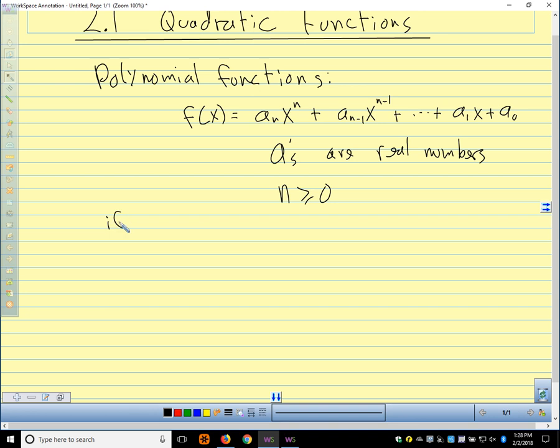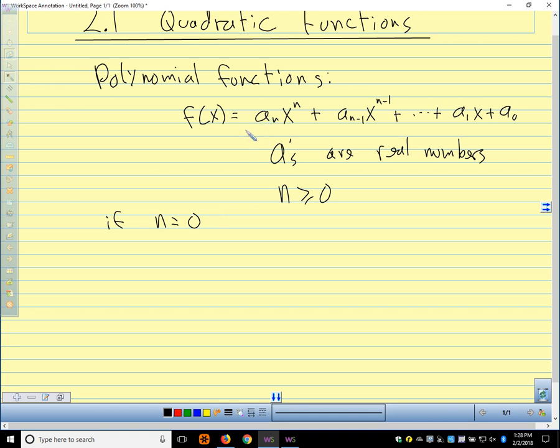If n equals 0, so if the highest power on x is 0, what kind of function do we have? What's x to the 0? 1. So we just have whatever that coefficient is.